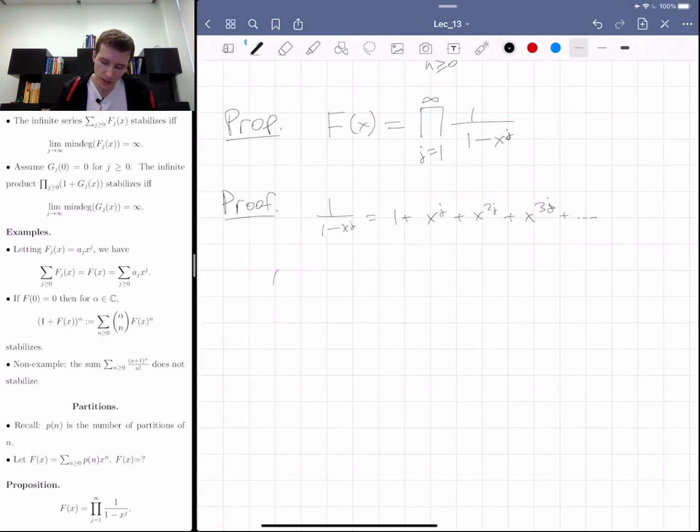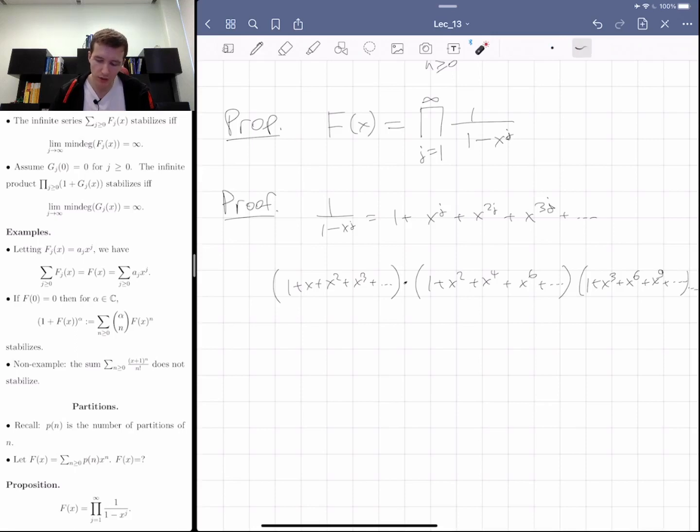I get 1 plus x plus x squared plus x cubed plus etc., that corresponds to j equals 1, times 1 plus x squared plus x to the 4th, x to the 6th, etc., times 1 plus x cubed plus x to the 6th, x to the 9th, etc., and so on. That's my infinite product. It goes on forever.